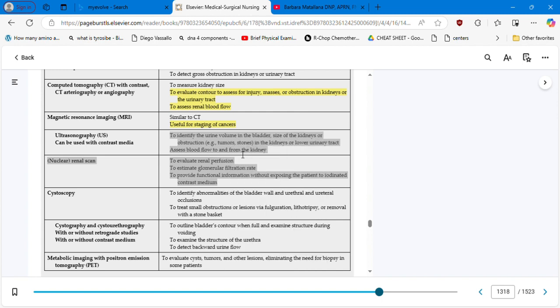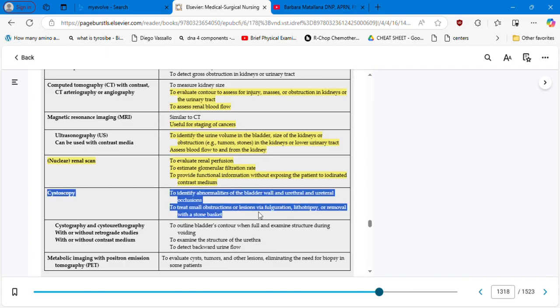Then we have the cystoscopy. So I want you to remember the renal scan and the cystoscopy, used to identify abnormalities in the bladder wall and urethra, and to treat small obstructions or lesions via fulguration, lithotripsy, or removal with a stone basket.